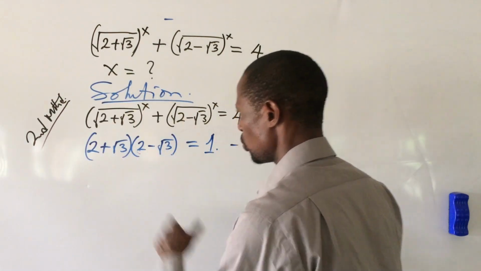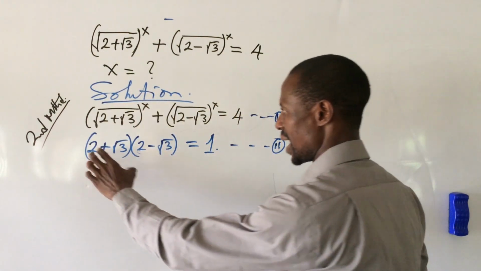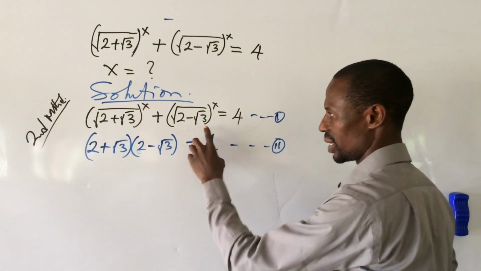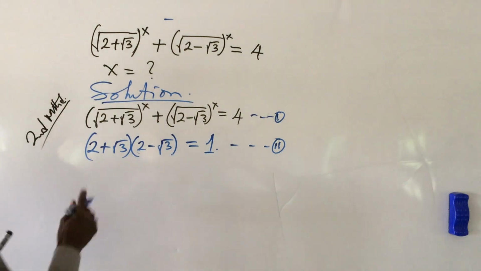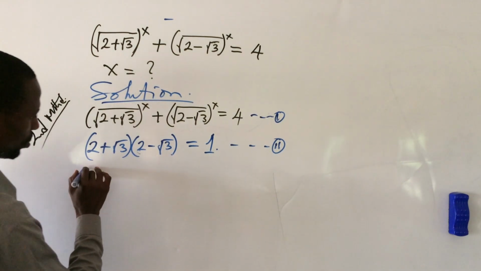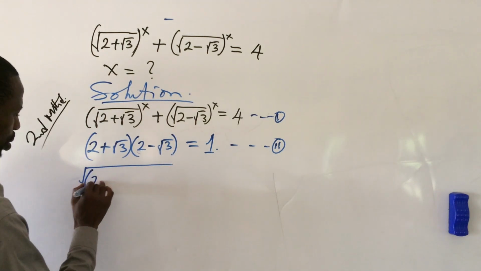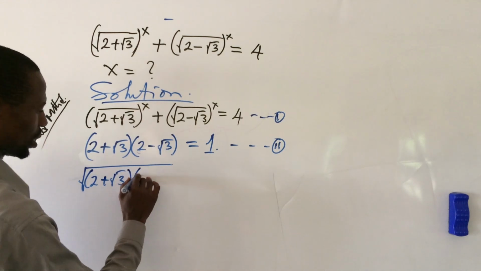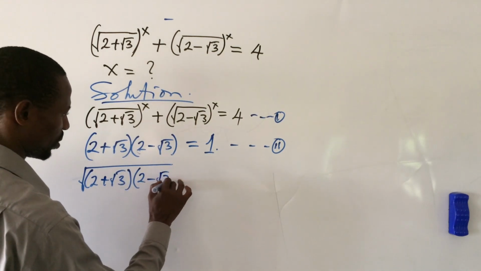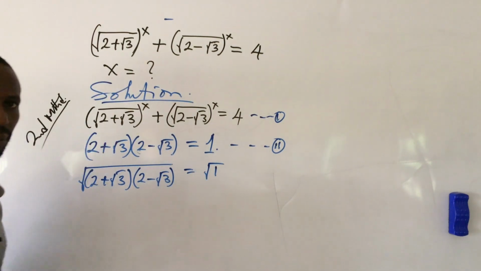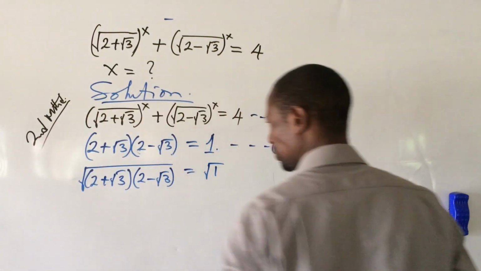Now, from equation 2, if I decide to take the square root of everything, this will automatically give me √[(2 + √3)(2 − √3)] equal to the square root of 1.